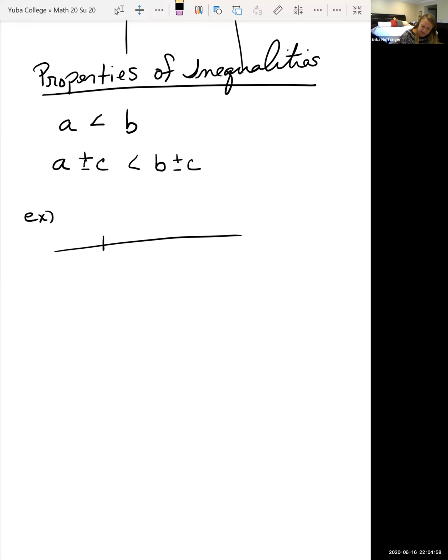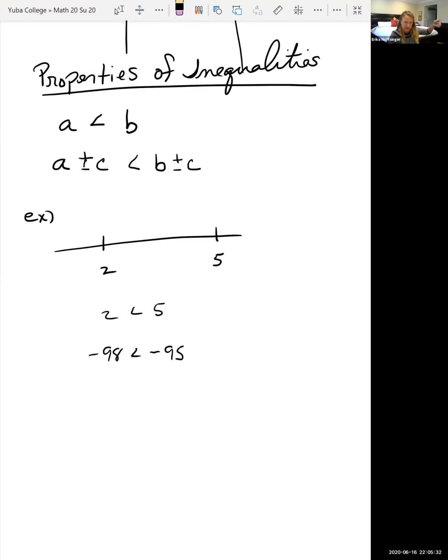So just really easily, let's say you had 2 and 5. I know that 2 is less than 5. If you told me to add or subtract any number, this inequality would still be true. If I subtracted 100 from both sides, 2 minus 100 is negative 98, which is less than 5 minus 100, which is negative 95. Negative 98 is a smaller number.